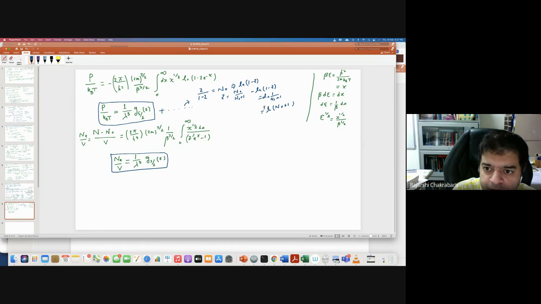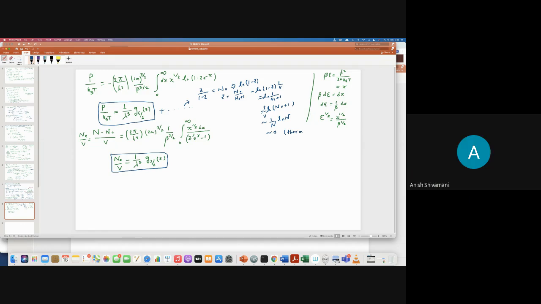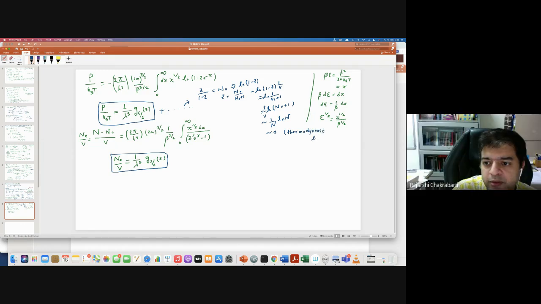You remember 1 over v? Yes. So basically you have a scaling like 1 over n ln n. And in the thermodynamic limit, when n is large, this is 0. When I'm dealing with a thermodynamic limit, n is large. So I'll have only this expression.